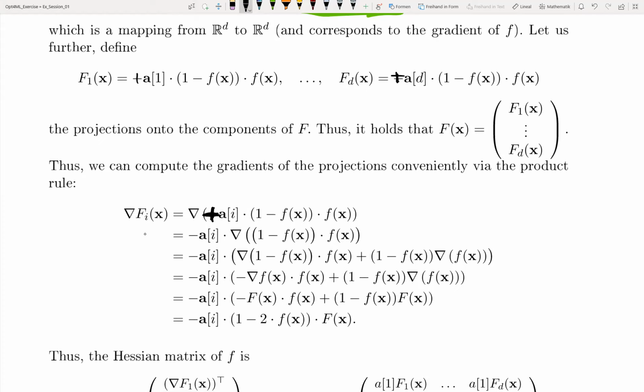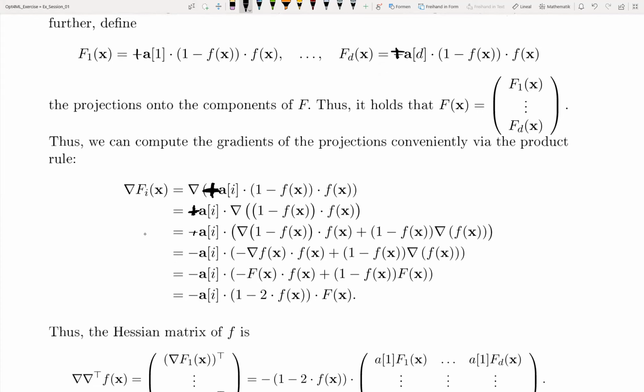Then what we do, a of i is a scalar with respect to x. We can write it in front. What we are left with is the gradient of 1 minus f of x times f of x. So this here should also still be a plus.